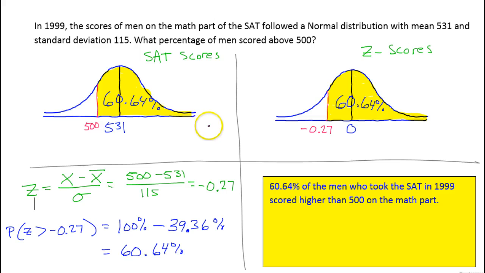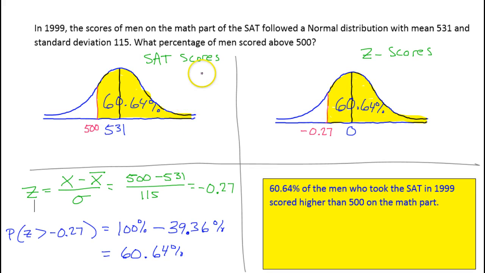But just remember, on another problem they might ask us for a percentage that is below a certain number. If this question had said what percentage of men scored below 500, if it had said below, then we would have wanted the part to the left. In that case, the answer would have been the 39.36% that we got right off the chart.